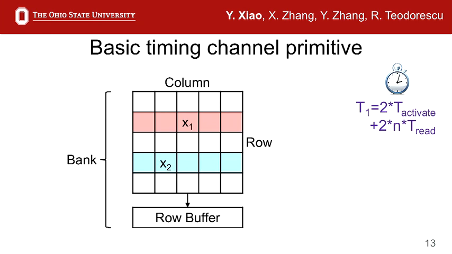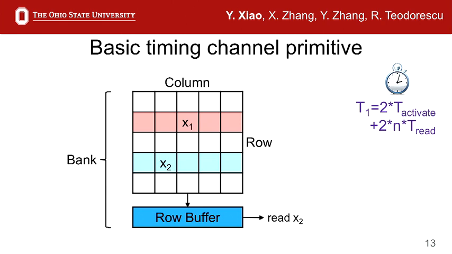Now let's consider the situation where x1 and x2 are mapped to different rows in the same bank. First, we read x1: activate, load into the buffer, and read. Same steps for x2. Here comes something different. Since the buffer now contains the row of x2, we have to activate the x1 row and load it into the row buffer again before we read x1. And the following reading of x2 also requires activating and loading before reading.